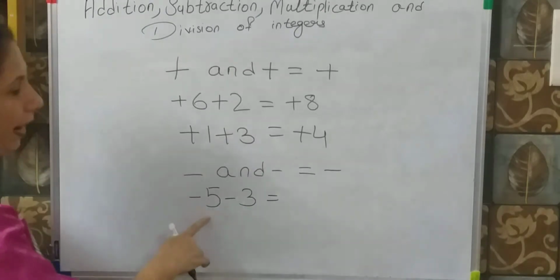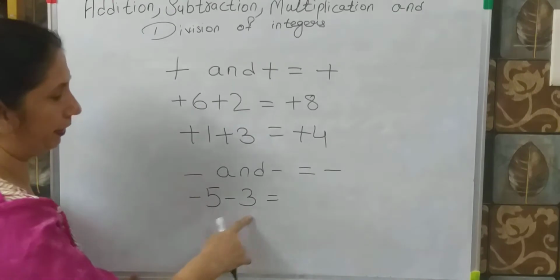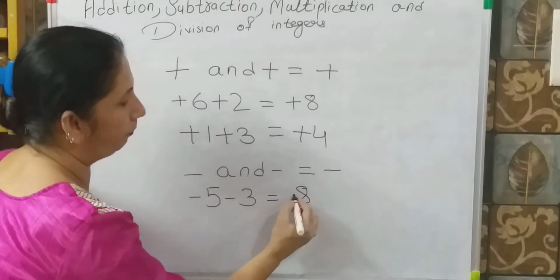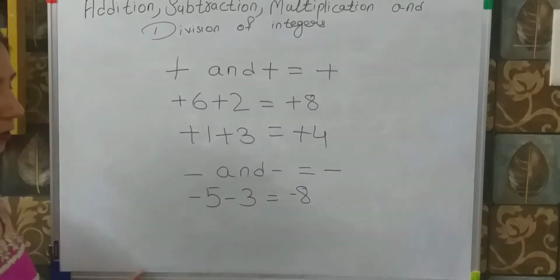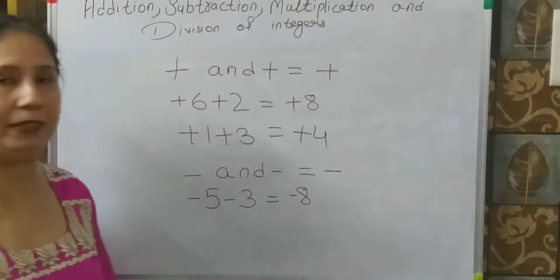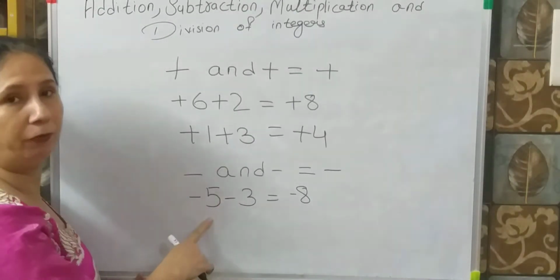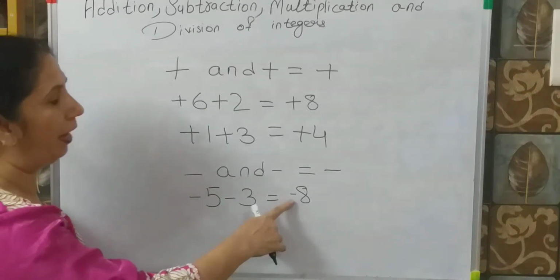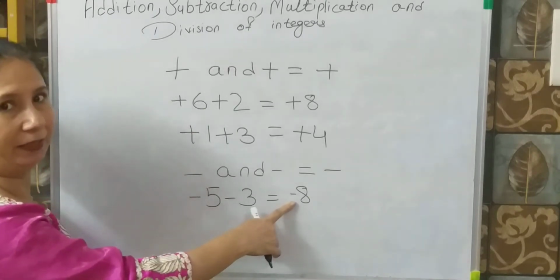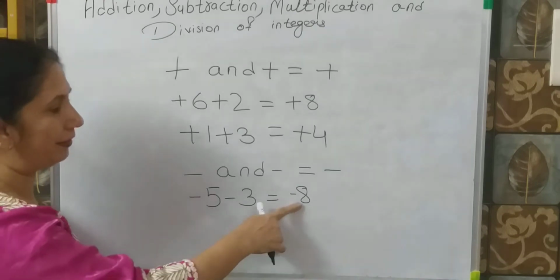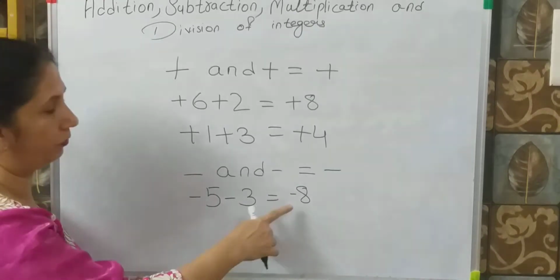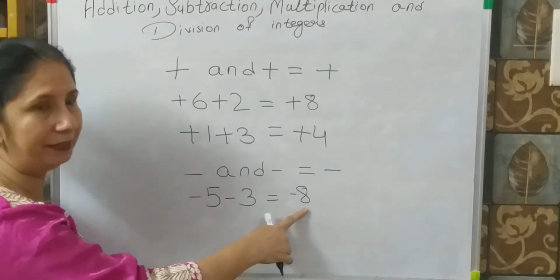We will add these numbers, 5 plus 3 is 8, but we will put the negative sign. So it will become -8. Whenever we get two negative signs, we do the addition but put the negative sign with our answer. If you write only 8, you will get it wrong. So our answer is -8.